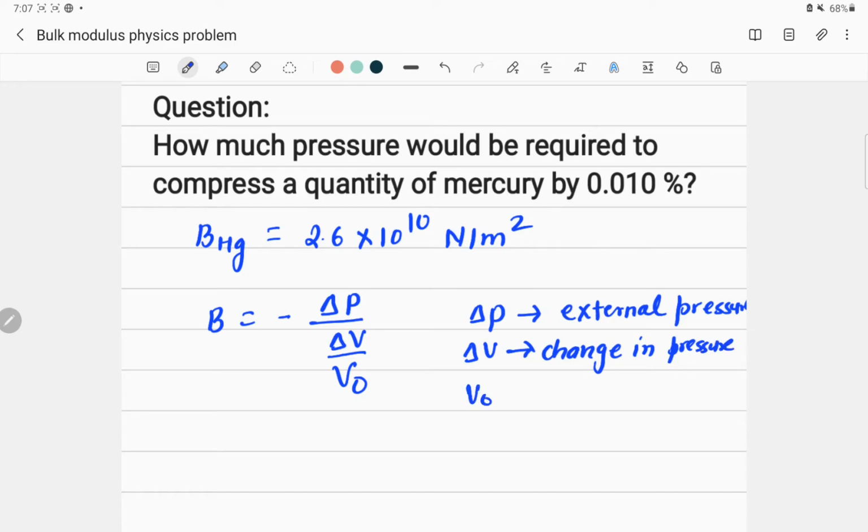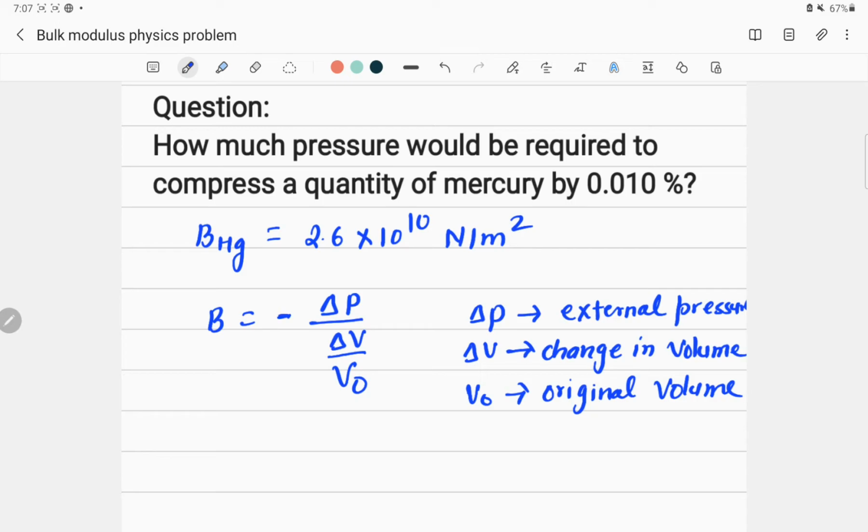What is V naught? I'm sorry, this one is not a pressure, this one is volume: ΔV is the change in volume, and V naught is the original volume of mercury.